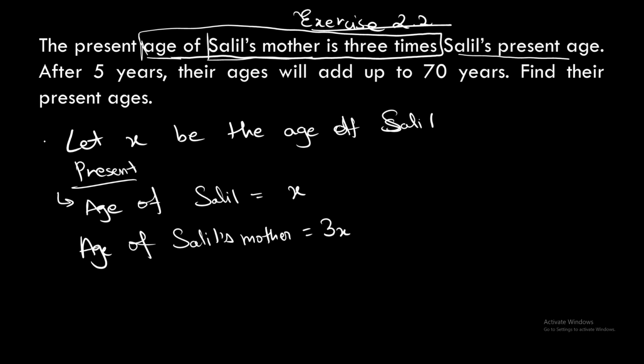So this is for the present. Now what will happen after 5 years? After 5 years we are given another situation. After 5 years their ages will add up to 70 years.